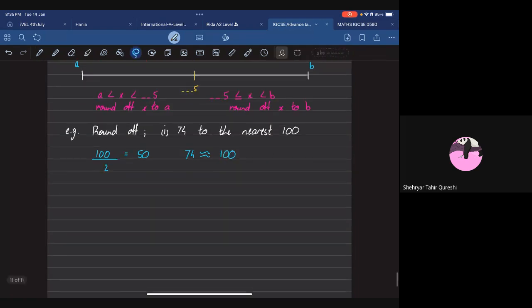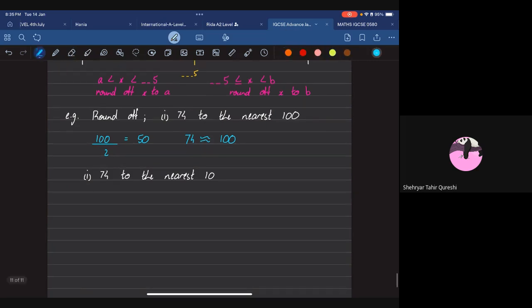Now, if the same question is slightly altered and written like this, 74 to the nearest 10, then the matter becomes a bit more tricky because now your nearest has changed. So now you're going to have 10 over 2, which is going to be 5. So your midway point is 5.